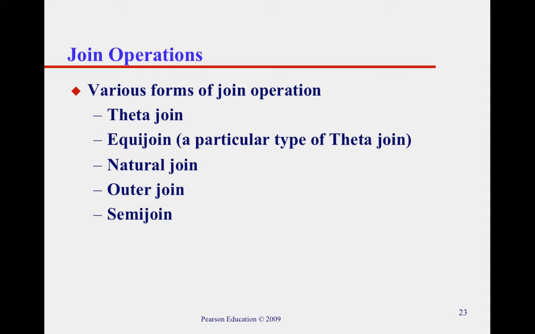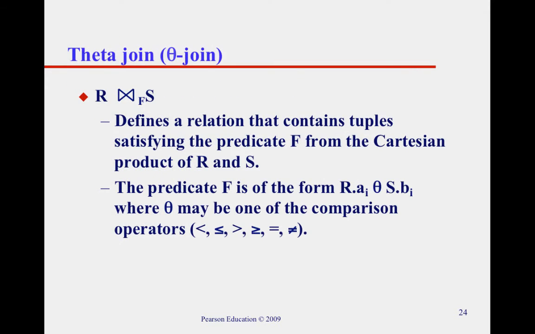An outer and semi-join are kind of generalizations of an equijoin. So the symbol for the join looks a little bit like infinity, except that it looks like an hourglass actually, tipped on its side.